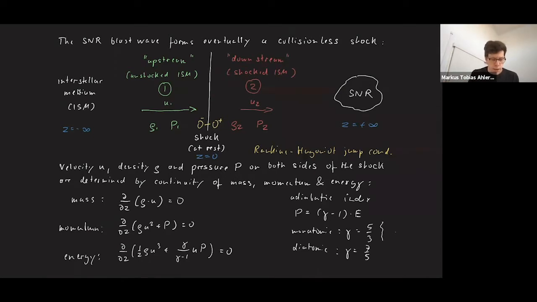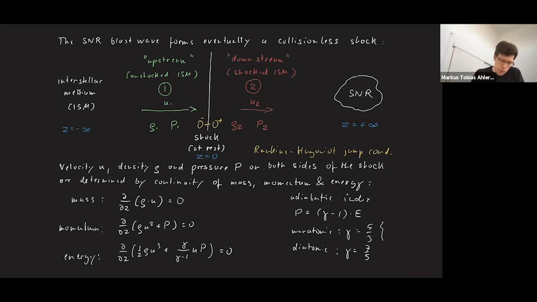And then we can convert these gradients across the shock of mass, momentum, and energy to a relation between the conditions left and right of the shock. And this system of three conditions can then be solved for the density, the velocity, the pressure, and also the temperature on both sides.